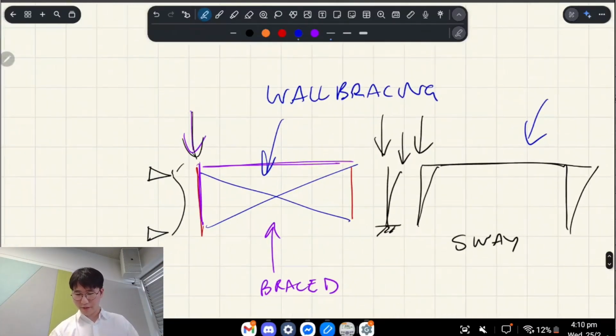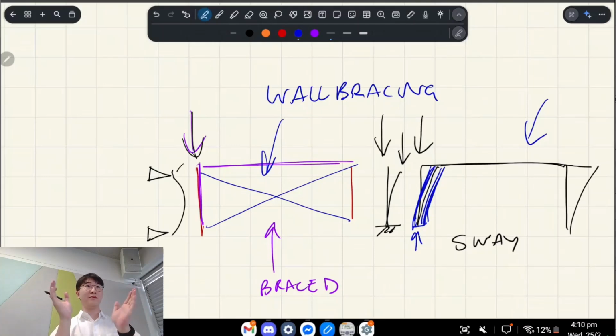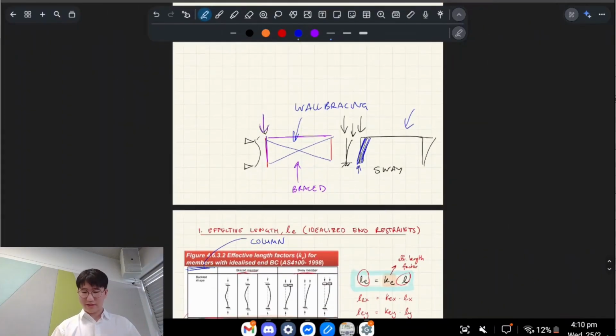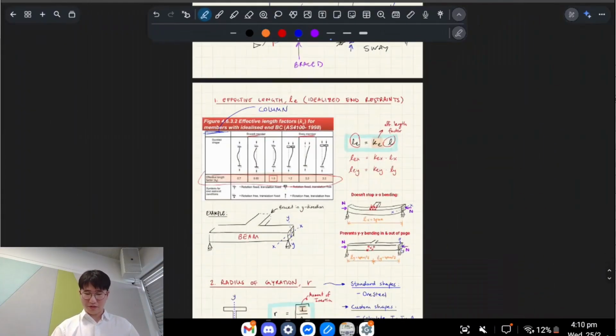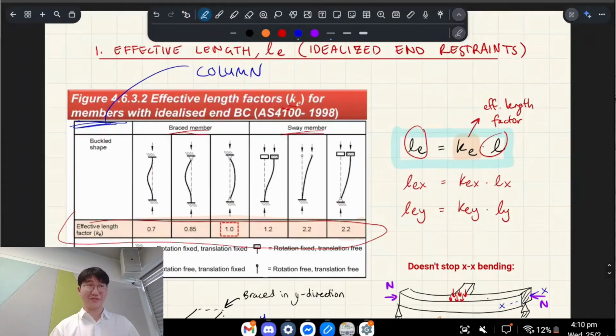In a sway frame it might be an I-beam with its flanges that way, so the column is oriented to resist bending in the sway direction, because it needs more help in that direction. But anyway, I'll shut up because it'll come up later in the course.